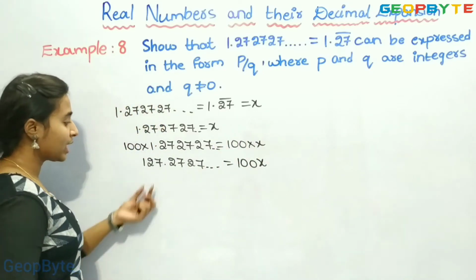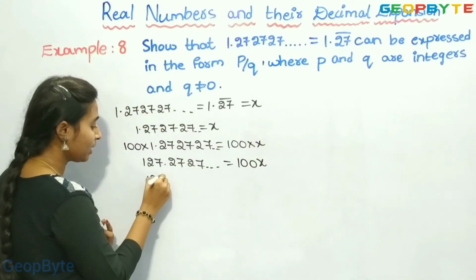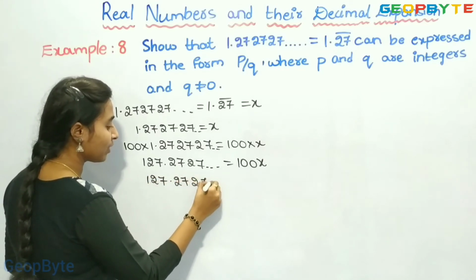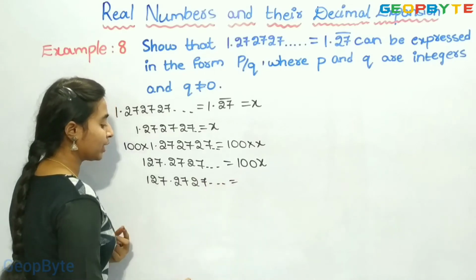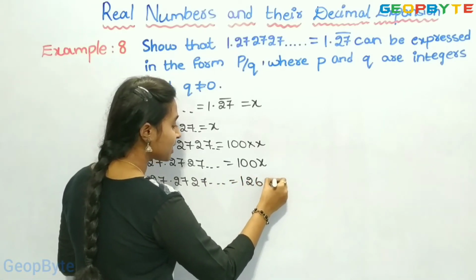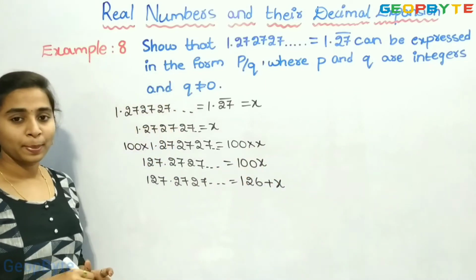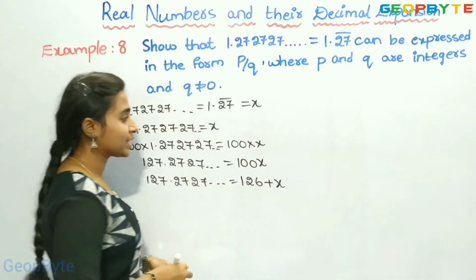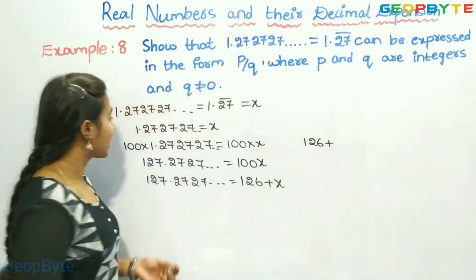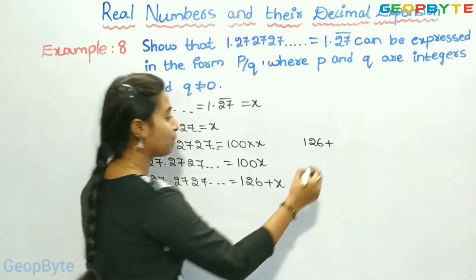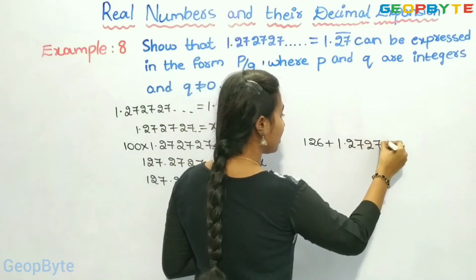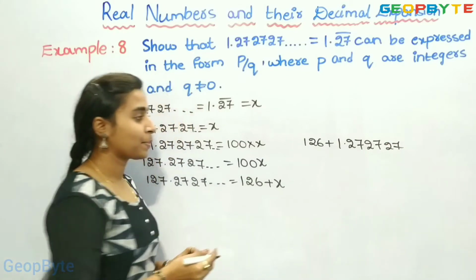Now, if you see, 127.2727 and so on is equal to 126 plus X. See, 126 plus X. X is nothing but 1.272727.